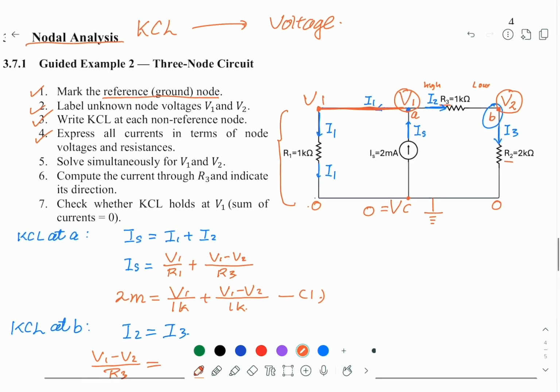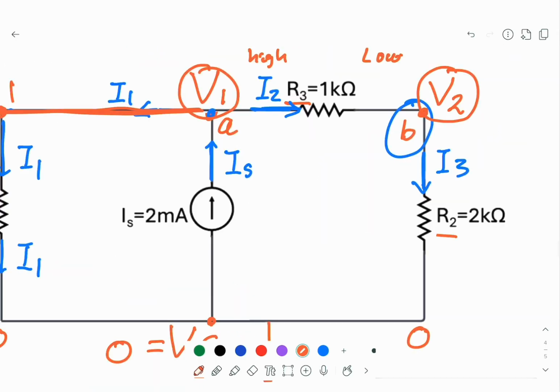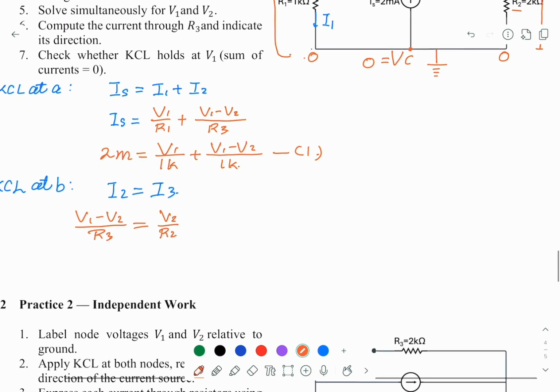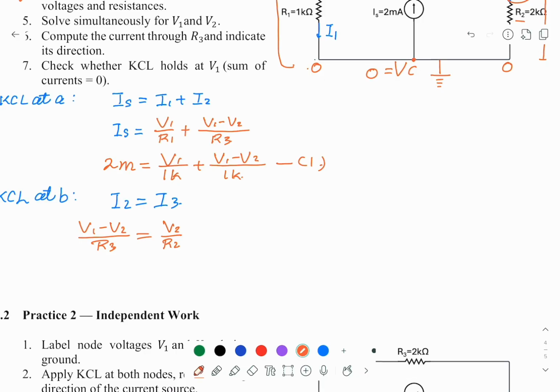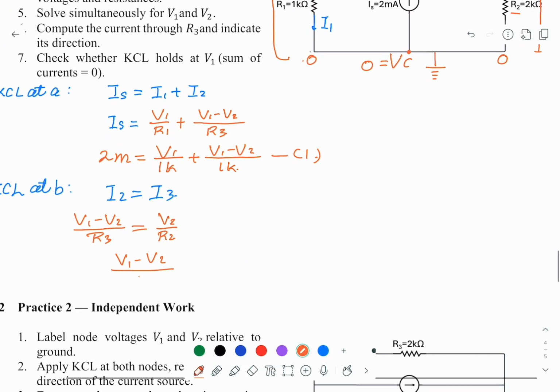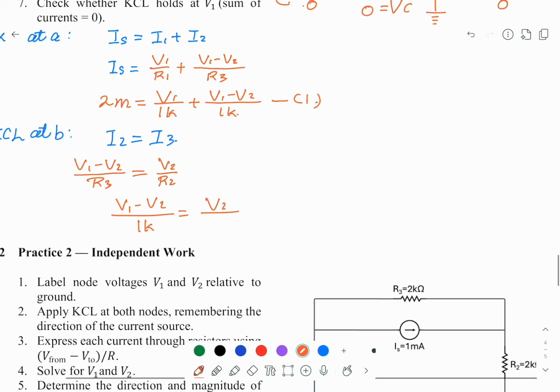I3, if you look at here, the potential difference across R2 is V2. So I3 must equal V2 over R2. So let's plug the numbers in: V1 minus V2 divided by R3, R3 is 1K, equals V2 divided by 2K.